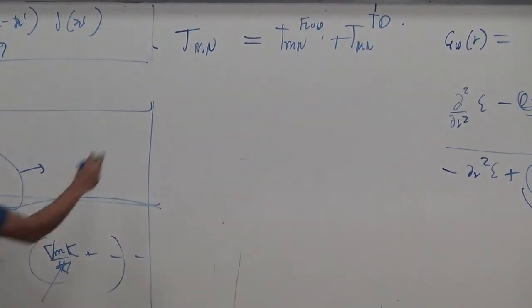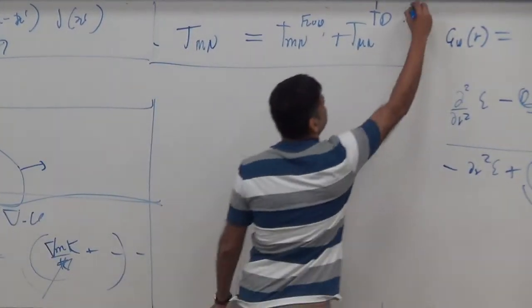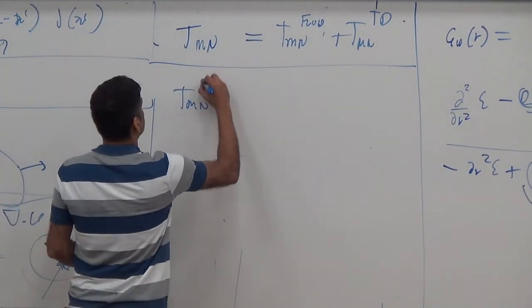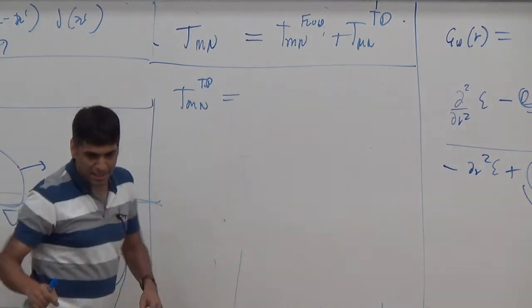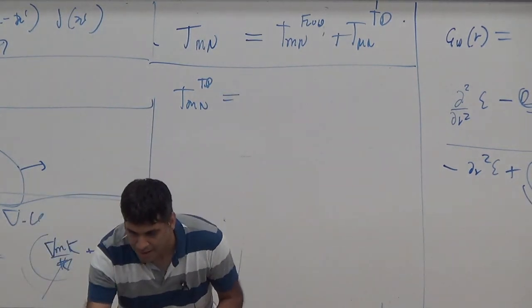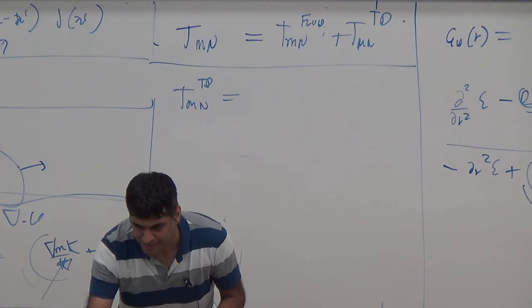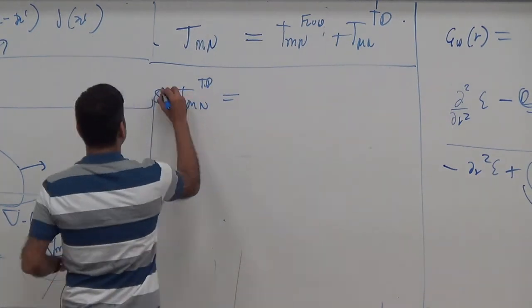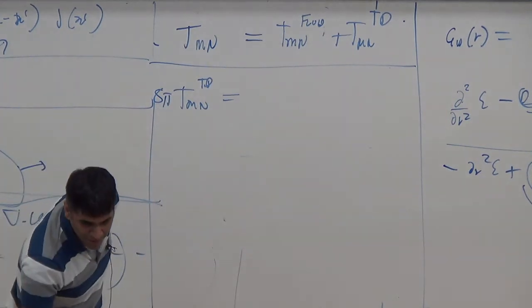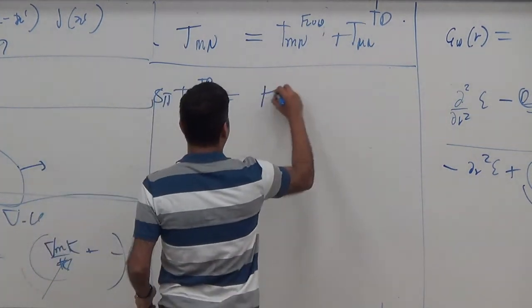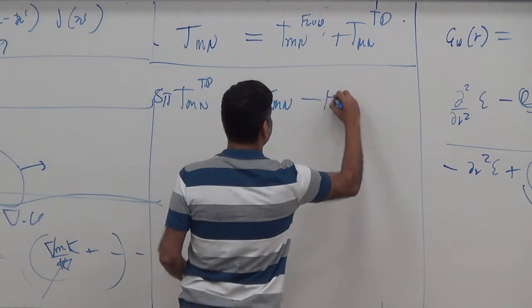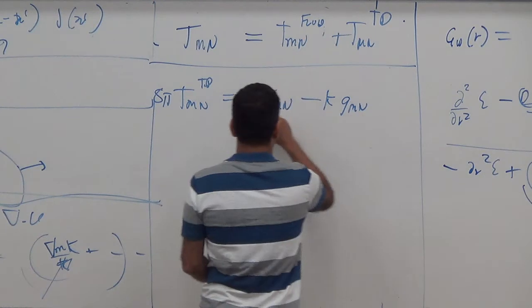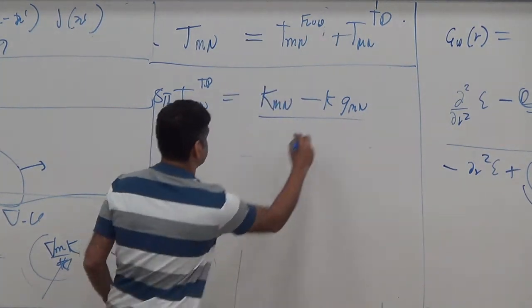Let's first deal with T_mn total derivative. 8π T_mn total derivative is equal to K_mn minus K G_mn, divided by 2.